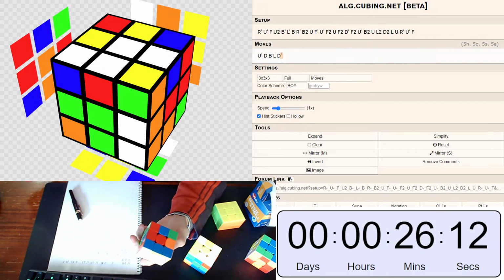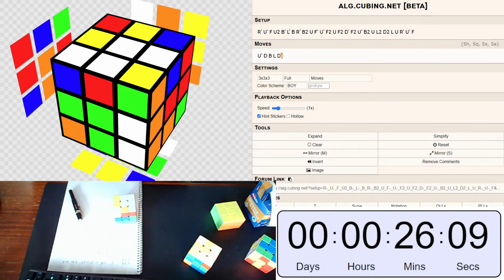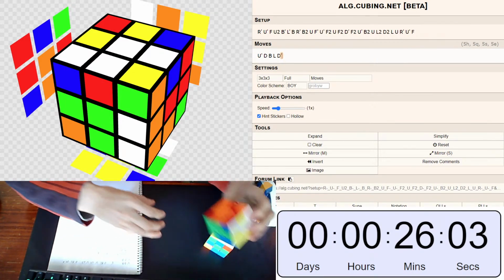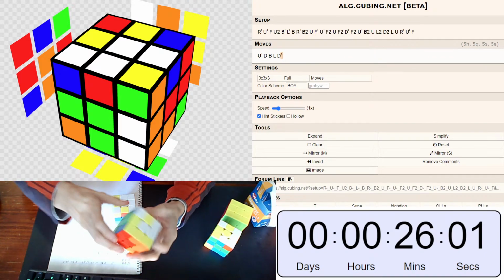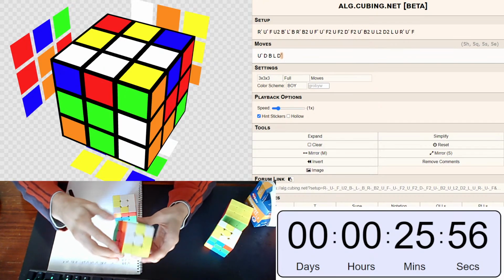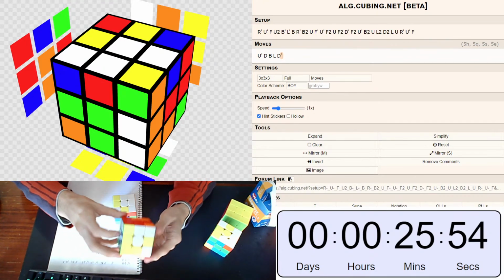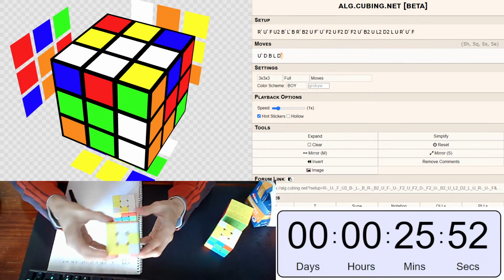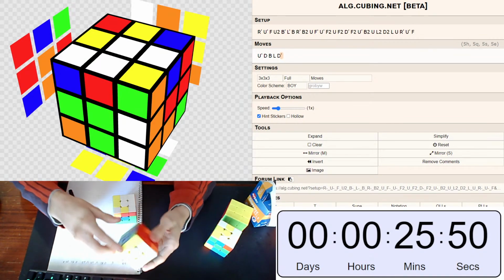Good. I'm very glad that worked, because if it didn't, I feel like when the cube's in a state of HTR, I wouldn't be able to solve it with double moves. Okay, so with HTR, the meta is to solve your original domino reduction layers.